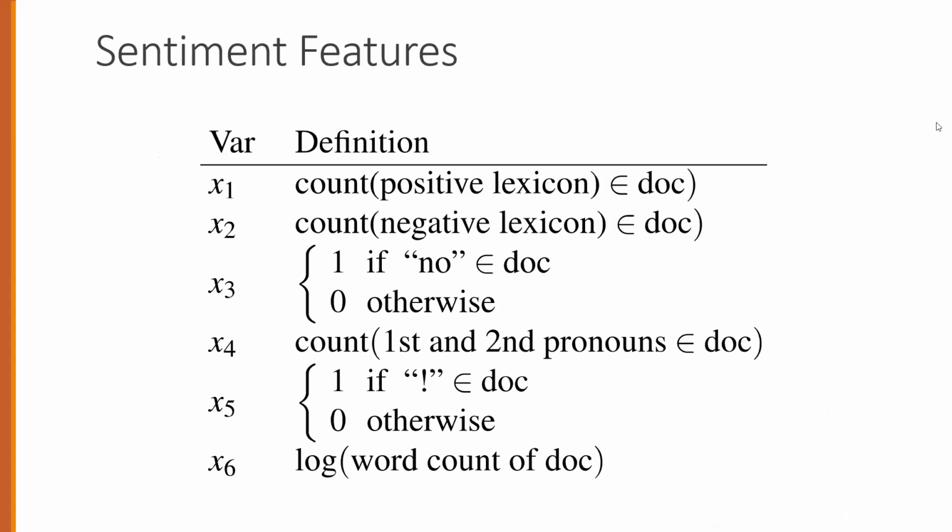The input element xi could be a scalar of features like the count of the positive lexicons, the count of the negative lexicons in the document, if there is a no in the document, that is the sum of the no's, or otherwise the count of the first and second pronouns, the number of times an exclamation mark is there in the document, or the log of the word count of the document, or any other features that you might think of.